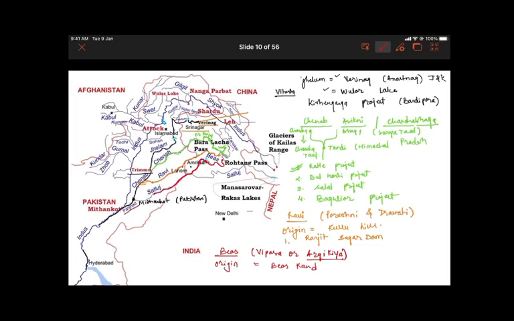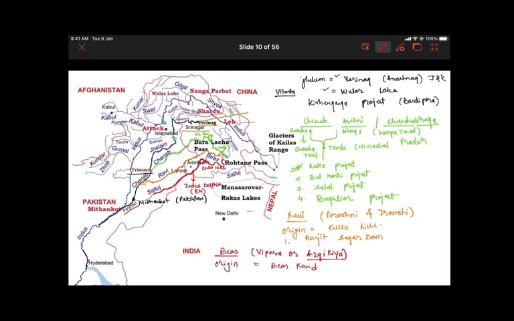So Parbati is an important tributary of Beas river, and Beas is majorly flowing through Kulu hills. And this river has a population of Indus dolphins, which are endangered. If you can remember this, it will be good.